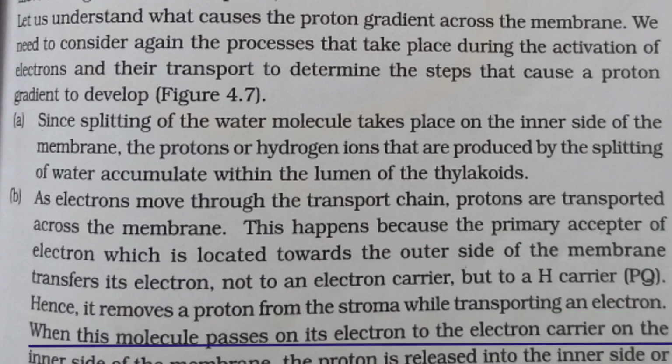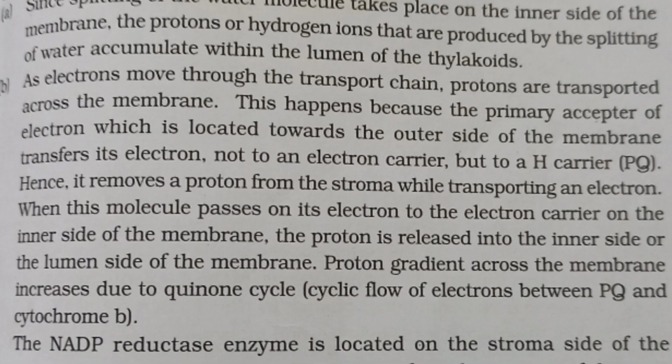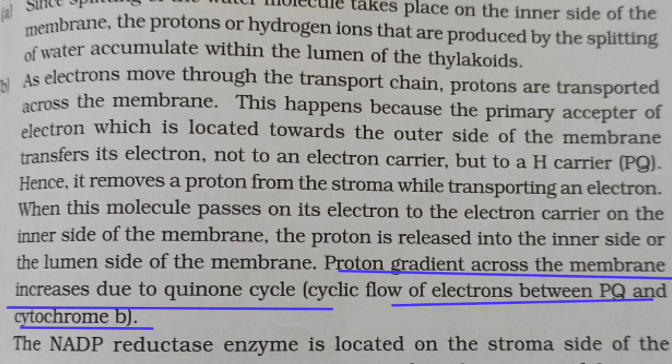When this molecule passes on its electron to the electron carrier on the inner side of the membrane, the proton is released into the inner side or the lumen side of the membrane. The proton gradient across the membrane increases due to the quinone cycle, the flow of electrons between PQ and cytochrome b.